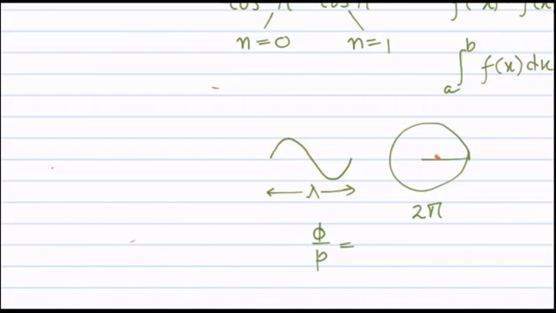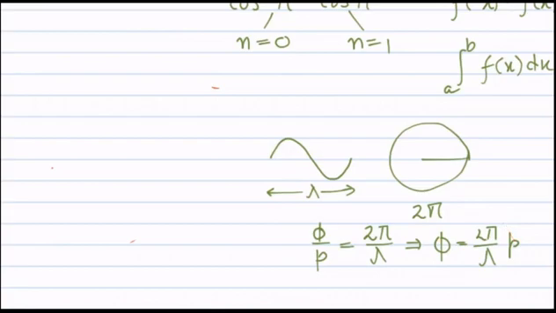It is 2 pi. And how much path difference has it covered in this 2 pi angle? It has covered lambda. So from here you can also write angle phi as 2 pi by lambda multiplied by p. Can you see this relationship between your phase and your path difference?